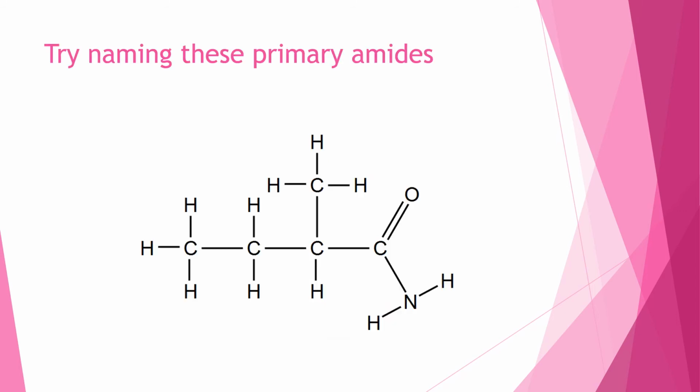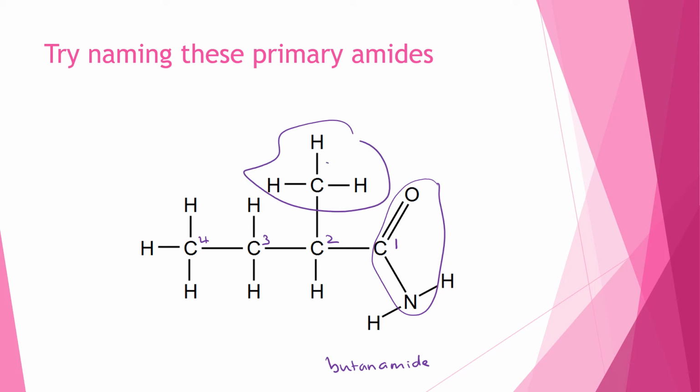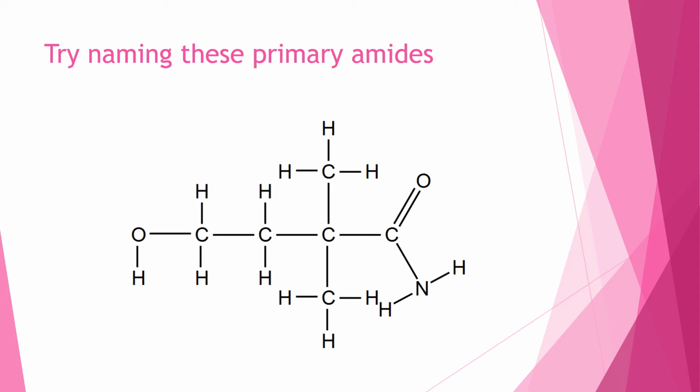So this is carbon number 1 because of the amide group, 2, 3, 4, so it's butanamide. And on carbon number 2 we have a substituent or alkyl group, which is a methyl group, so 2-methylbutanamide.